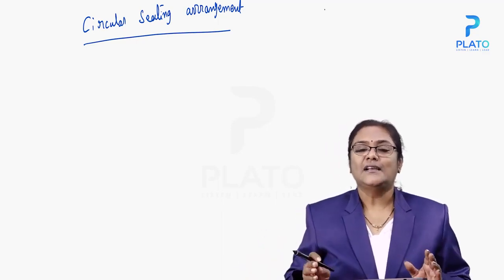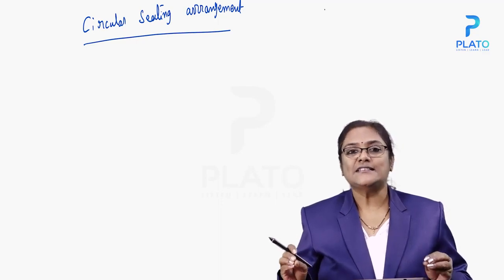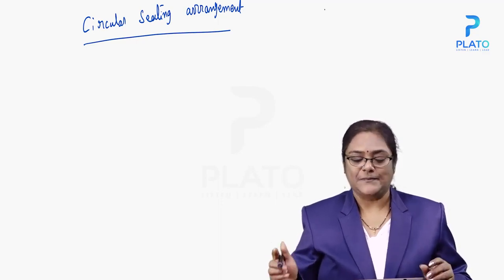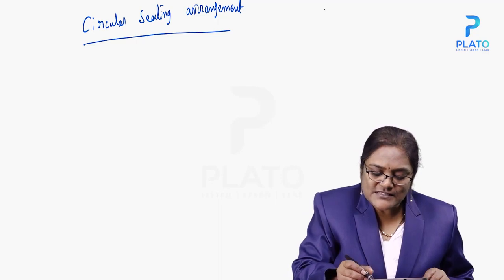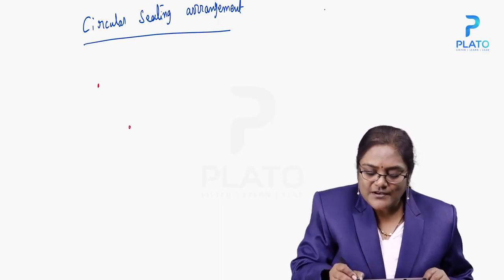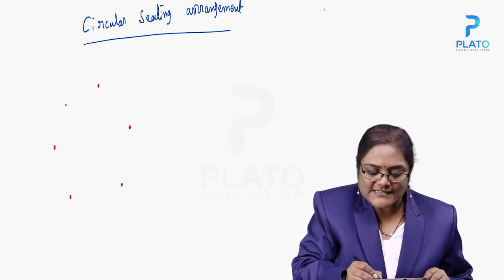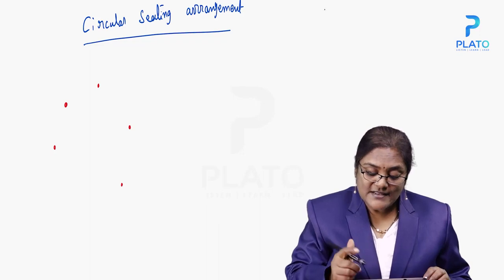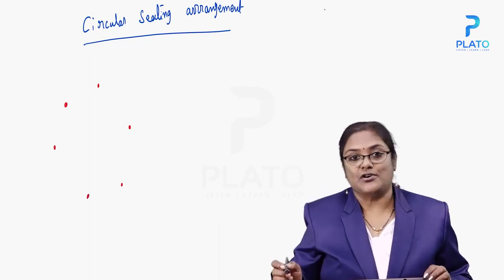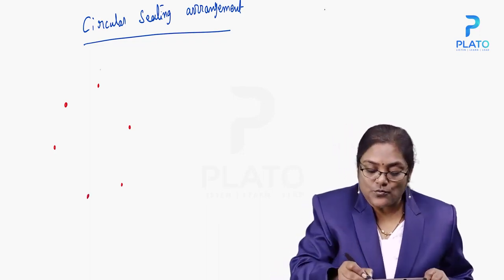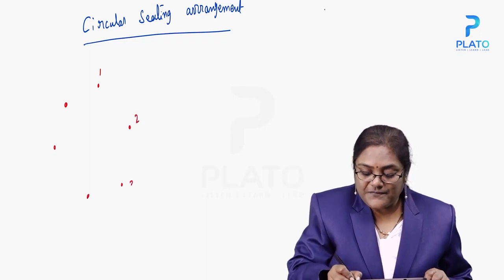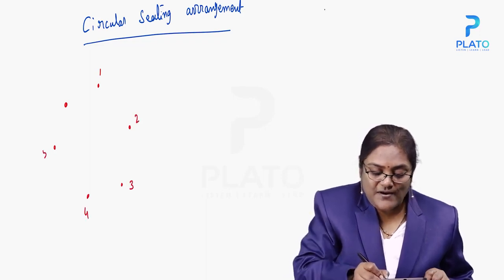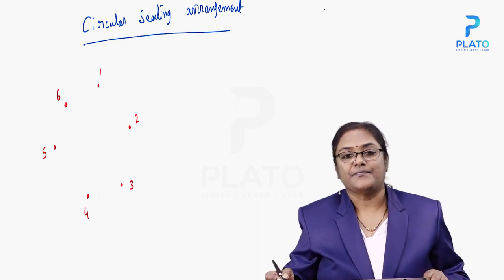For example, there are 6 persons sitting around a circular table. So just put 6 dots like this: 1, 2, 3, 4, 5, 6. And you number each dot like this: 1, 2, 3, 4, 5 and 6.